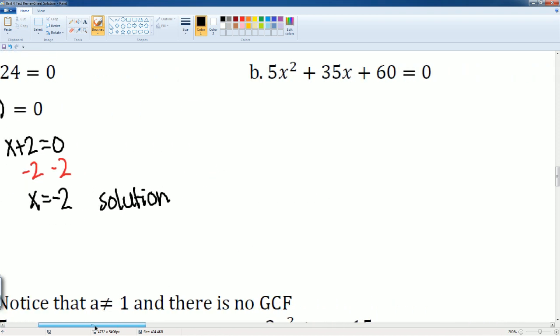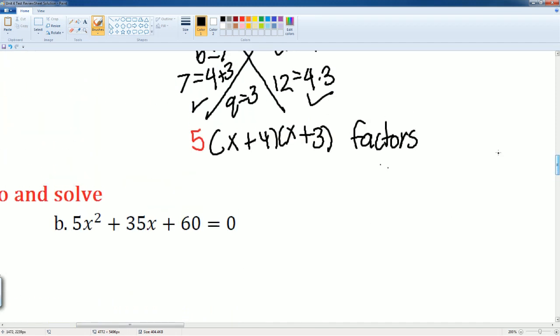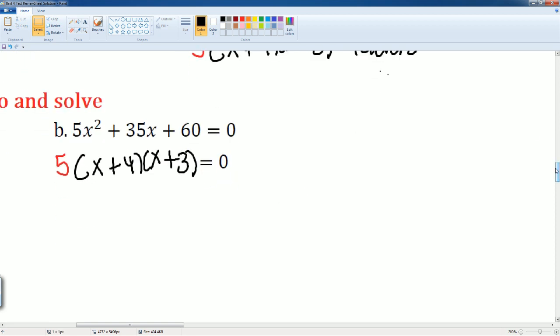Next, let's look at B. Same process as before. Let's grab the factors. This was its factors. And we set the factors equal to 0. In this case, we do x plus 4 equals 0 and x plus 3 equals 0.